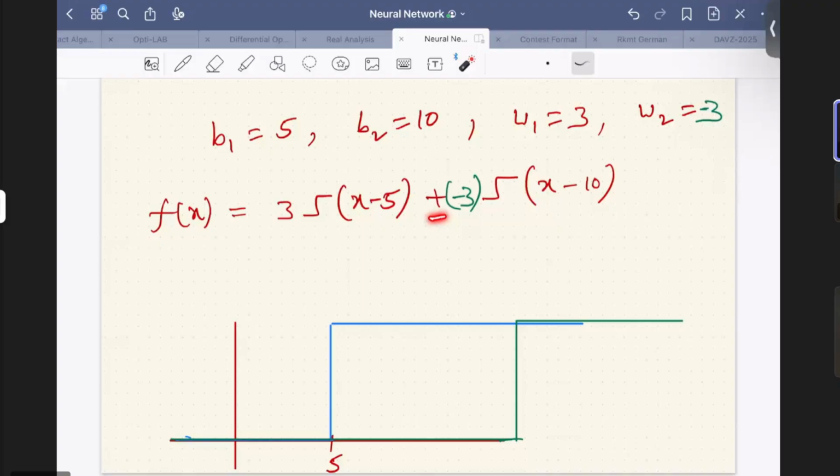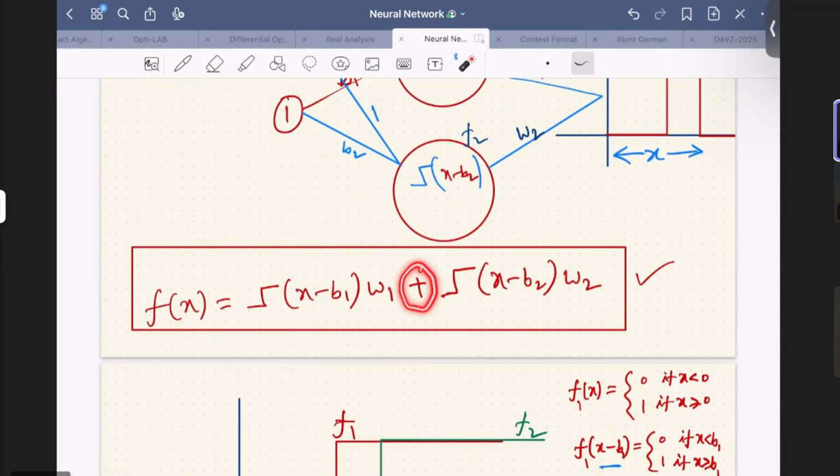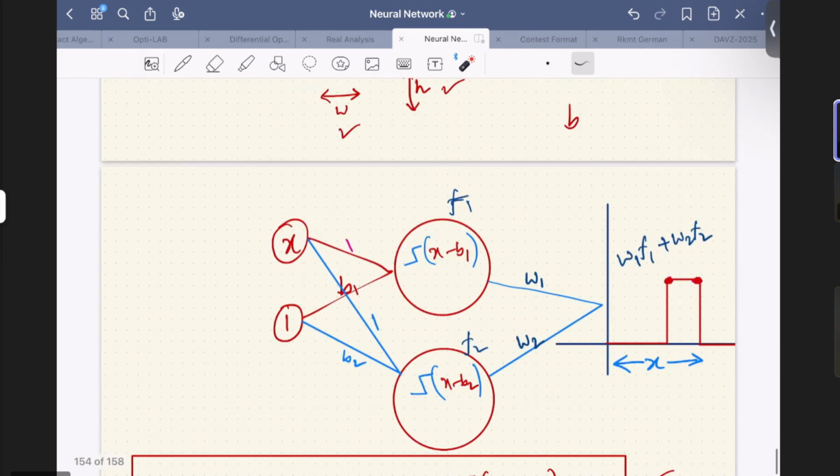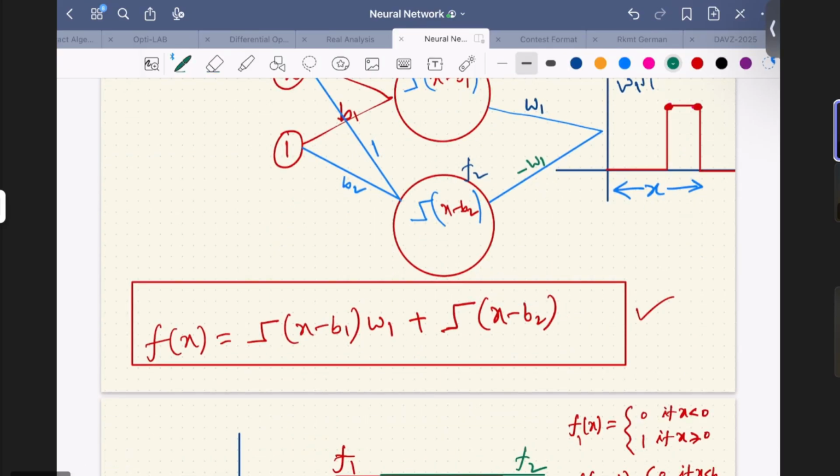Otherwise, you would be amplified if you take 3. Because we are using the plus in the original linear combination equation, this W2 has a minus so that the upper signals get cancelled out. So instead of W2, you can simply use a single variable, minus W1.